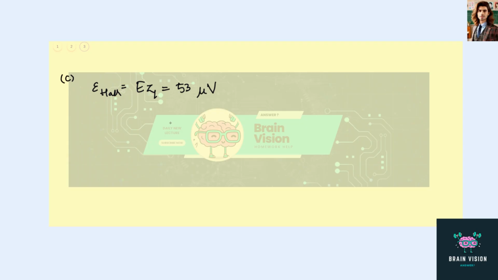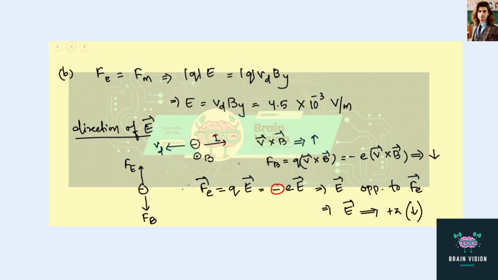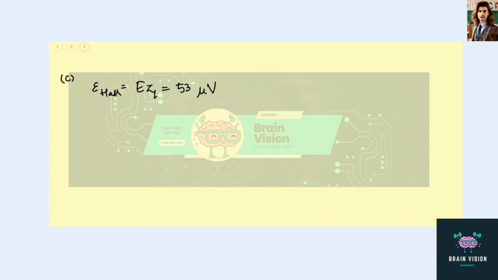So using the results from part B, where we found the magnitude of the electric field, we can find this EMF, which is going to be equal to the magnitude of electric field times z1, and that gives the EMF to be 53 microvolt, or we can say 53 times 10 to the power minus 6 volt.